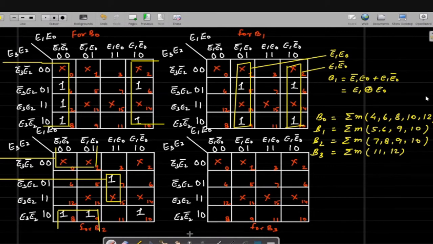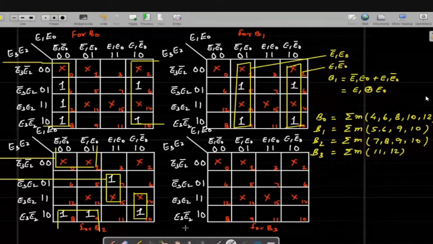And 10, 14, yes, one more pair is there. One more quad, 0, 2, 8 and 10, this one can also form, right? Yes, sir. E3.